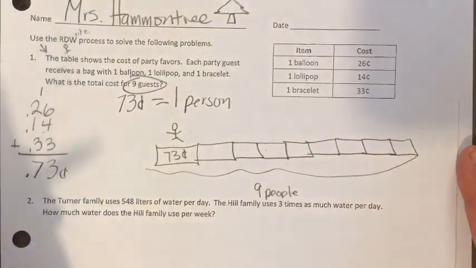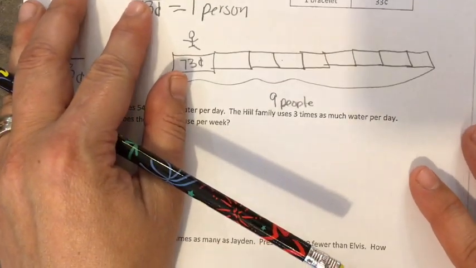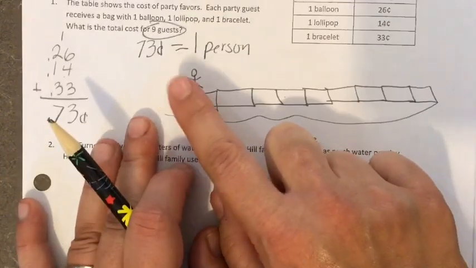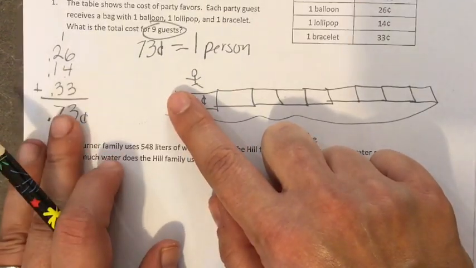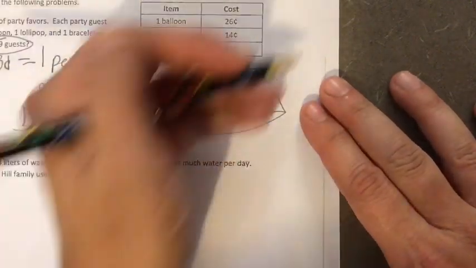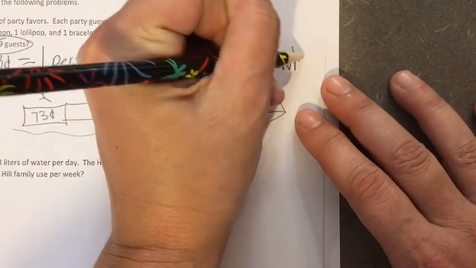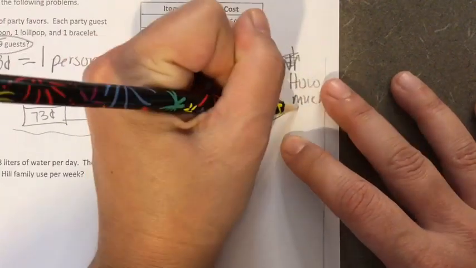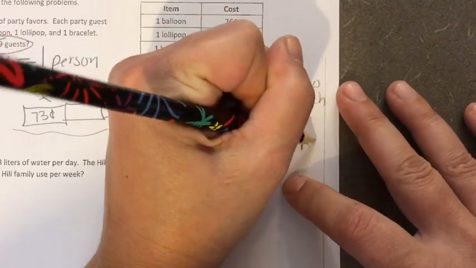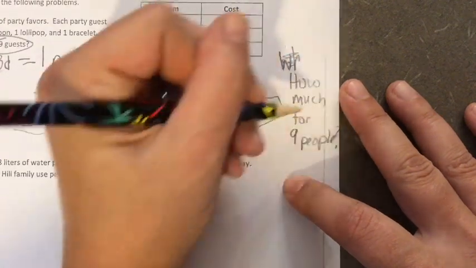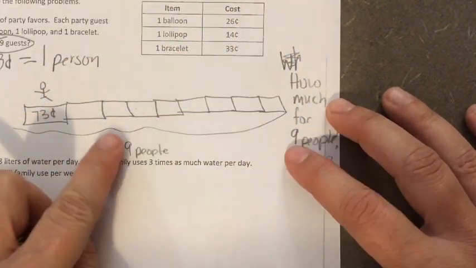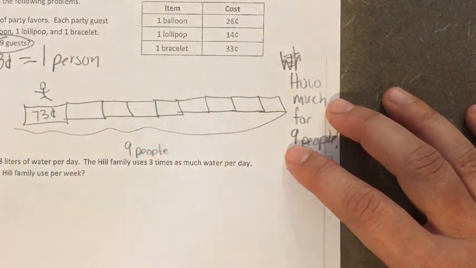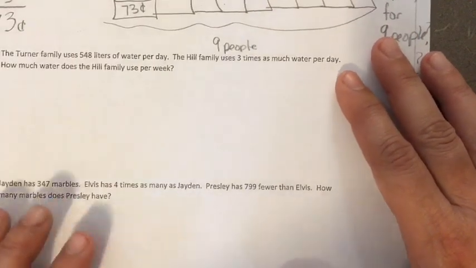Okay, let's look at the next one. And yes, you are going to have to finish this one. This one is not done yet. This is the price for 1 person. How much for 9 people? That's what you're asking yourself. We have to do the math here. Let's go ahead and look at the next one.